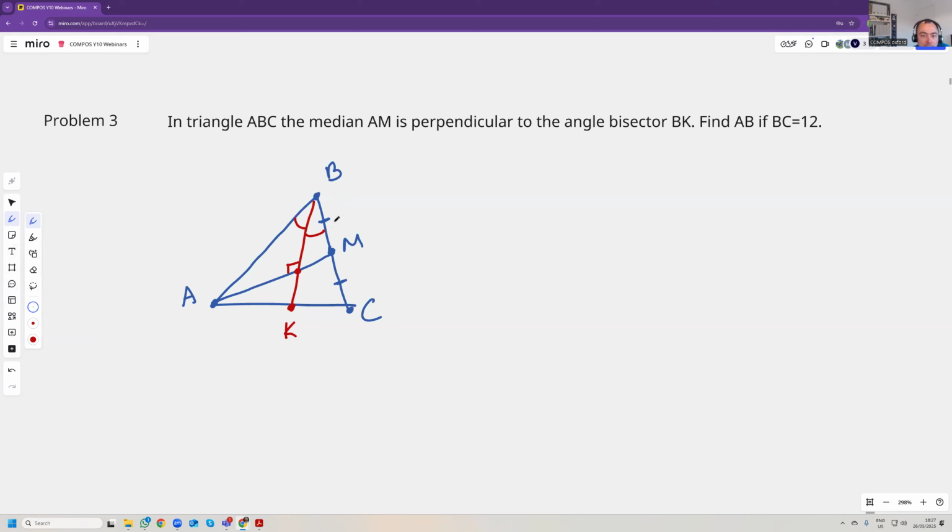Well, find AB if BC is 12. So BC is 12. And this is a right angle triangle.